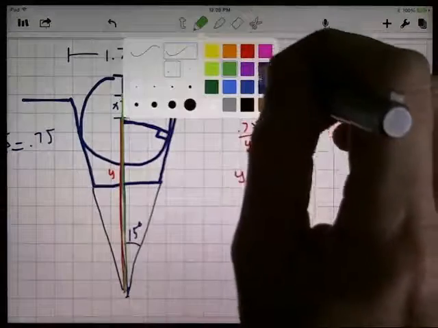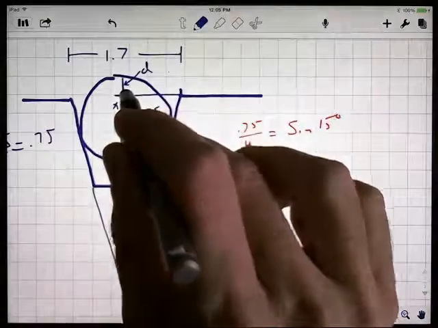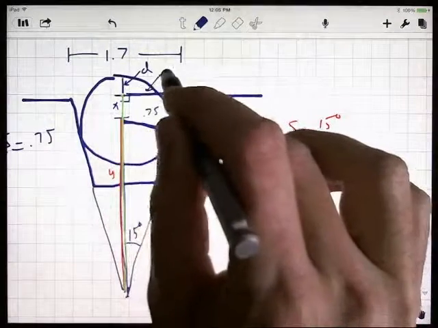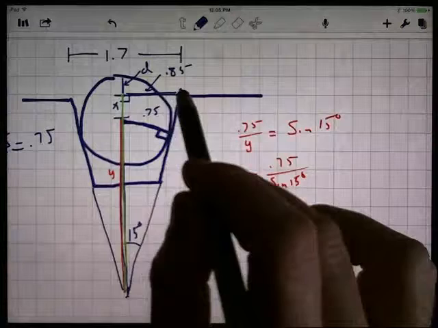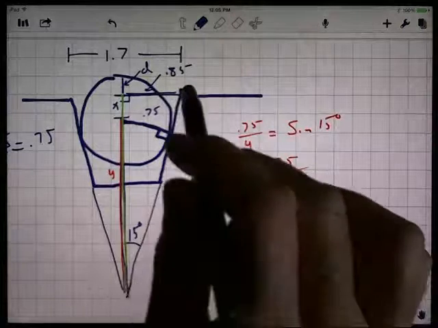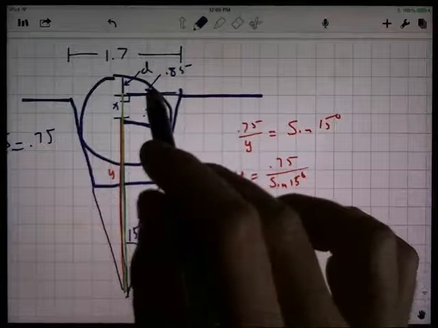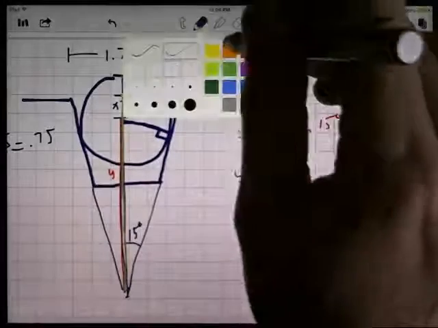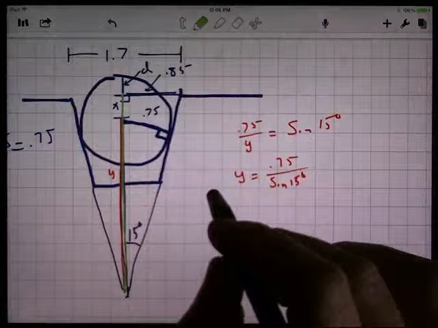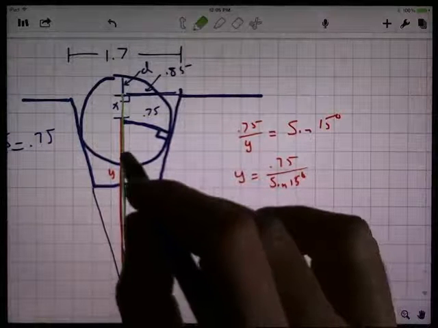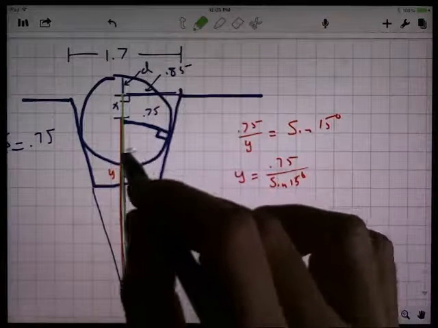So this length across the top here is 0.85. So I've got this triangle here now using the 15-degree angle and a right angle there. So I can use the tangent to calculate that green side. We'll call the green side, I don't know, Z, just to pick a letter.